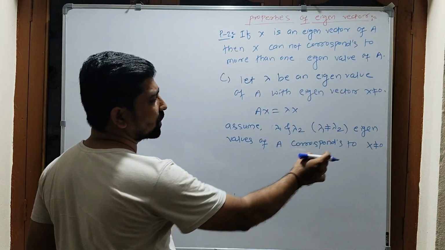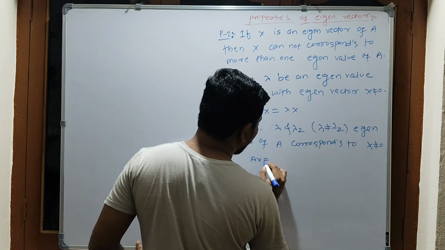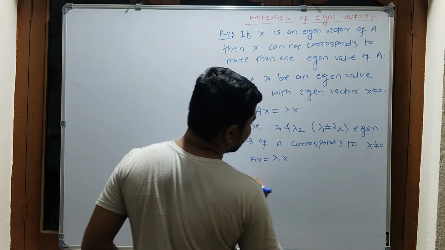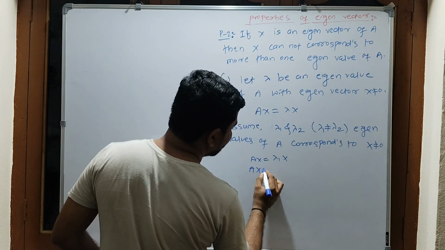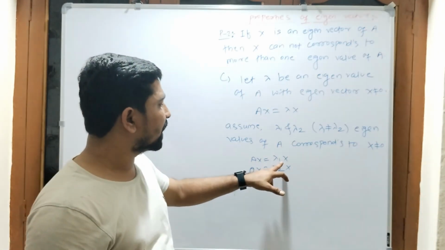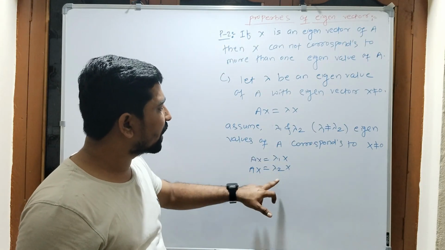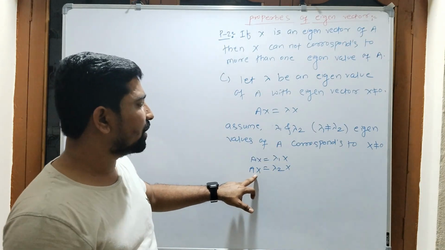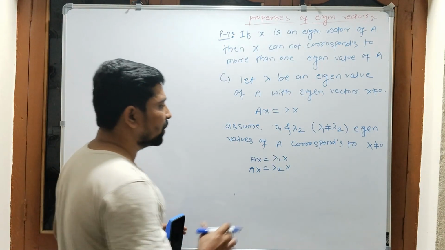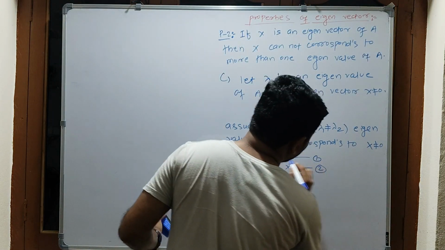That is, Ax equals lambda 1 x and Ax equals lambda 2 x. Lambda 1 is one eigenvalue corresponding to eigenvector x, and lambda 2 is another eigenvalue corresponding to the eigenvector x of the given matrix A. Let's say this is equation 1 and this is equation 2.